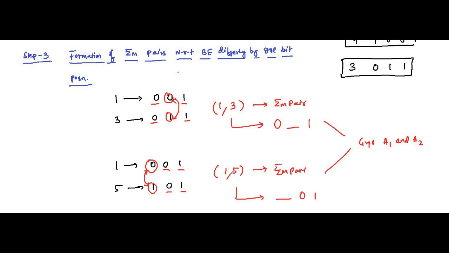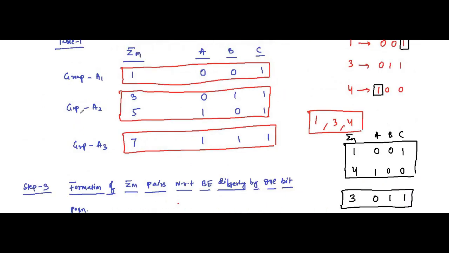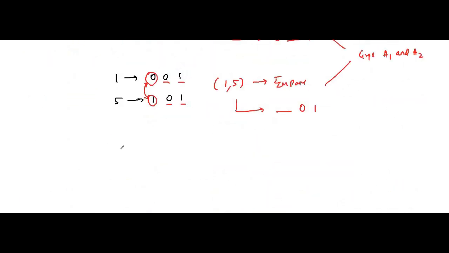Okay, then we will compare the minterms of group A2 and A3, adjacent groups A2 and A3. So here 3 and 7. 3 is 0, 1, 1, 7 is 1, 1, 1. So it is clear here also these two bits are the same, 1, 1, 1, 1, the middle and the LSB bit.